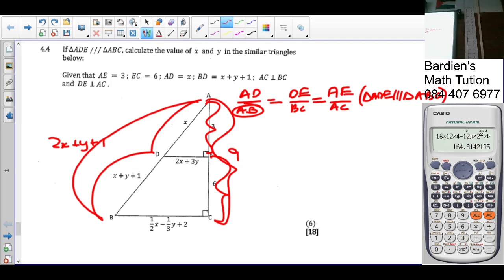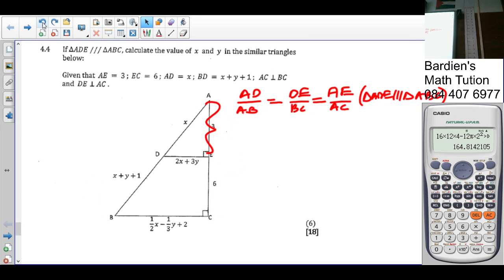Then we are told that AC is perpendicular to BC. And DE is perpendicular to AC, which means to say there's 90. Okay, do you guys understand? Alright, so let's just take this one quickly. So what is the length of AD? What's the length of AD? x over AB.